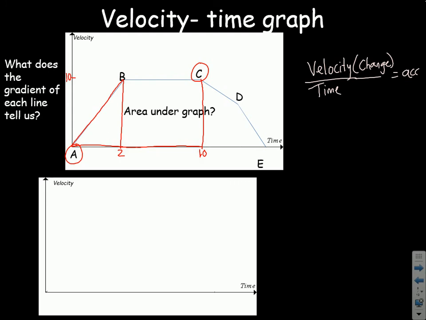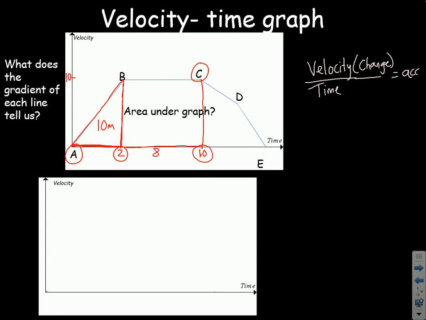So on the bottom we have 2 and 10, and to work out the area of a triangle, it's half base multiplied by height. So half of 2 is 1, and 1 multiplied by 10 is 10. So for that part from A to B it's travelled 10 meters, and then from B to C we can see it has travelled from 2 seconds to 10 seconds.